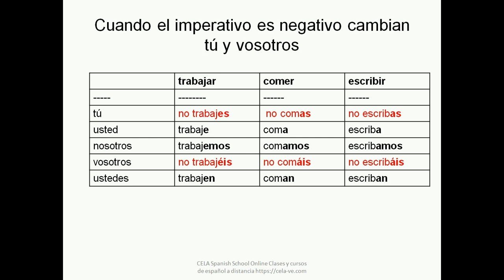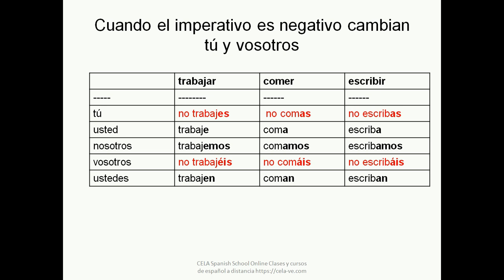Comed transforms to no comáis. Tú escribe transforms to no escribas. And escribid transforms to no escribáis. The rest of the verbal persons remain the same. It is the same for positive and negative.